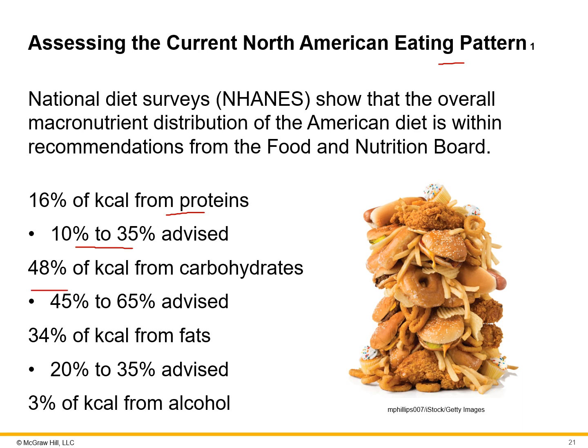About half of the kilocalories are coming from carbs, again toward the lower end, but we're still within that advised range. About 34% is coming from our fats, which is going more to the high end. So we're on the lower end for carbs, but we're on the higher end of what's recommended for the fats.